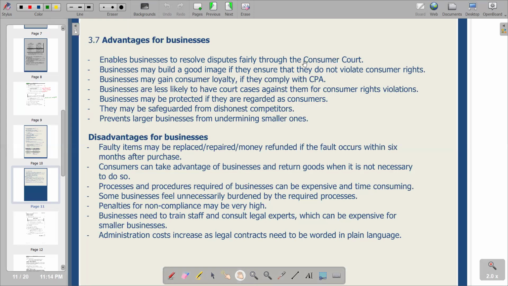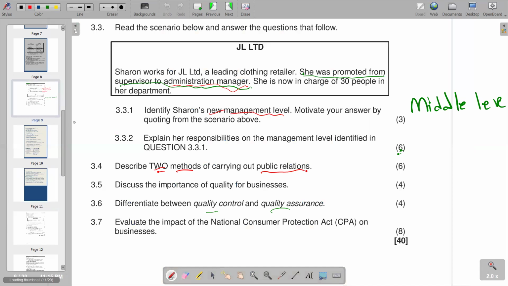Secondly, businesses may build a good image if they ensure that they do not violate consumer rights. And businesses may gain consumer loyalty if they comply with the Consumer Protection Act. So these are some of the advantages. But if you go back to the question, you'll see that it has 8 marks. So we can take 2 points for advantages and 2 points for disadvantages.